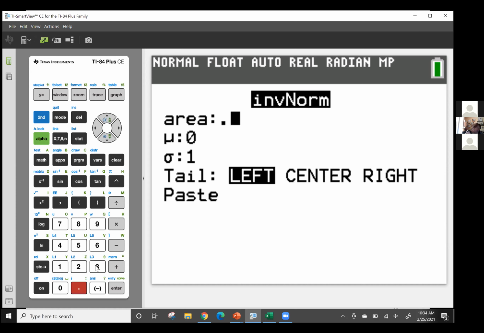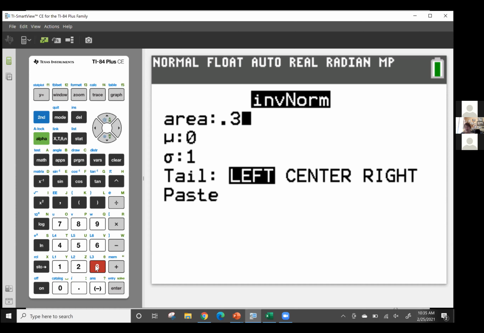Now, not every calculator in this classroom has the tail option: left, center, right. If you have an older calculator, it's not going to have the tails. What your calculator will find if it doesn't have the tails is the left.